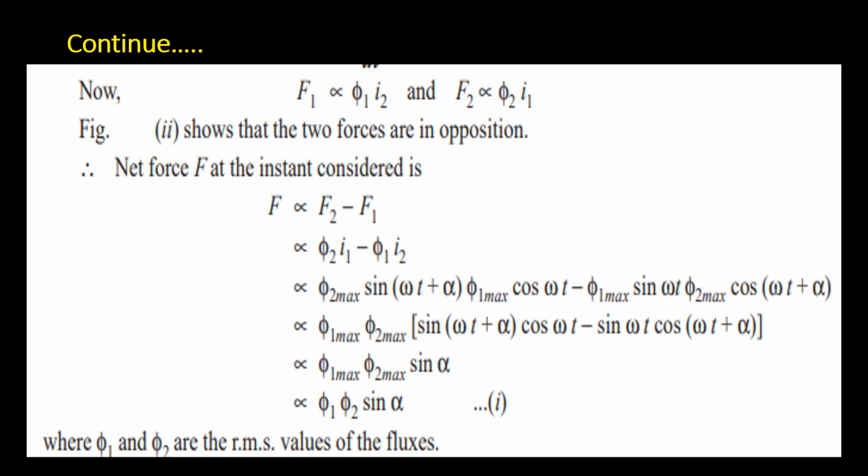In this particular case, we are considering phi1 and phi2 as the RMS values of the fluxes. So one thing is very clear, that net force produced is directly dependent on flux phi1, phi2 and the sine of the angle between phi1 and phi2.